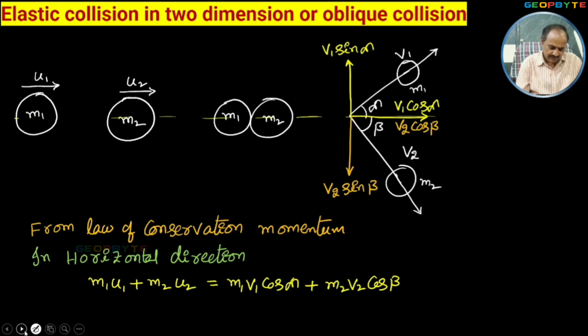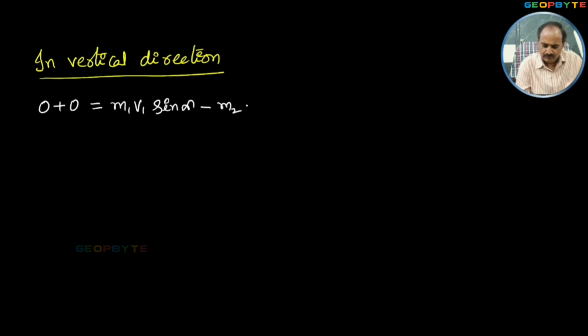Similarly, in the vertical direction, the momentum before collision due to m1 is 0 and due to m2 is also 0. It must be equal to m1 v1 sin alpha minus m2 v2 sin beta.